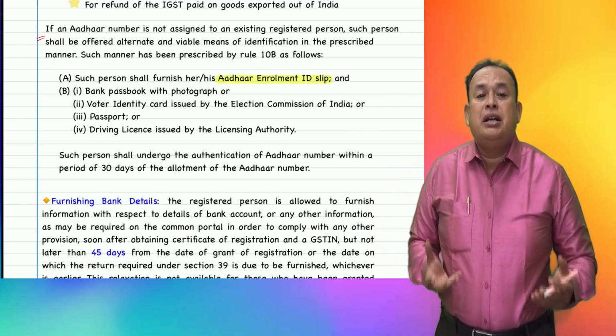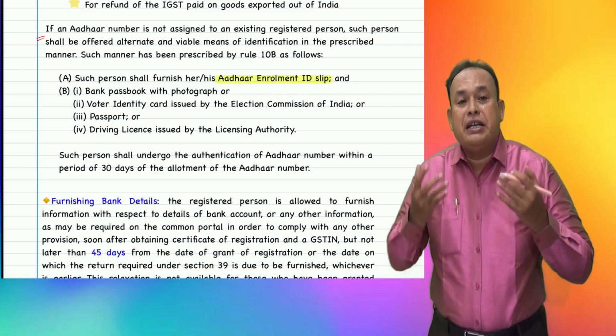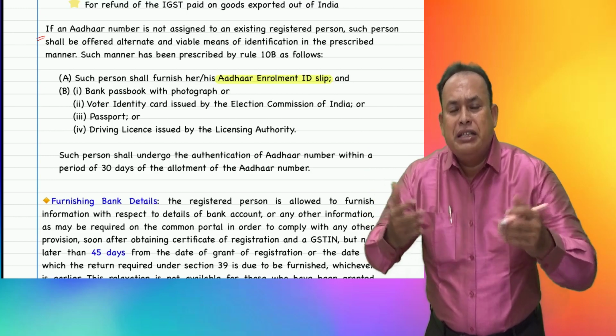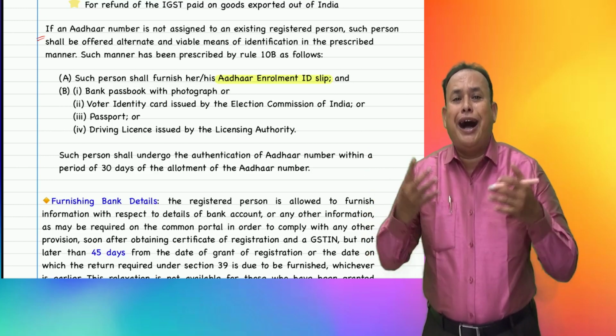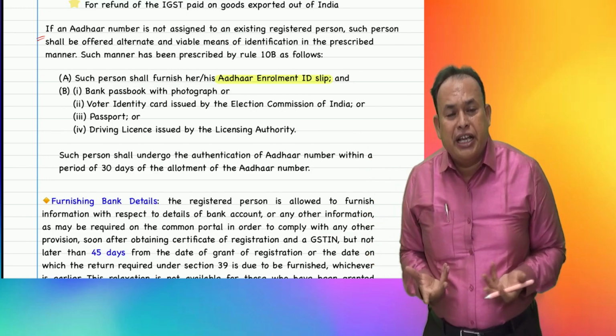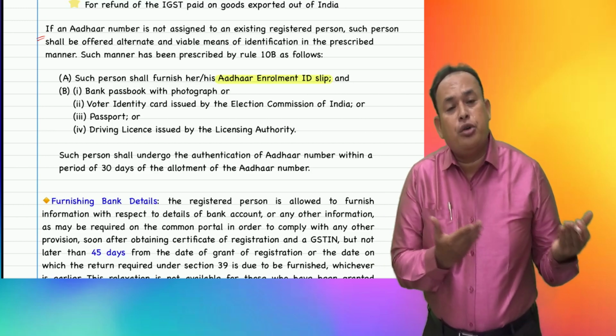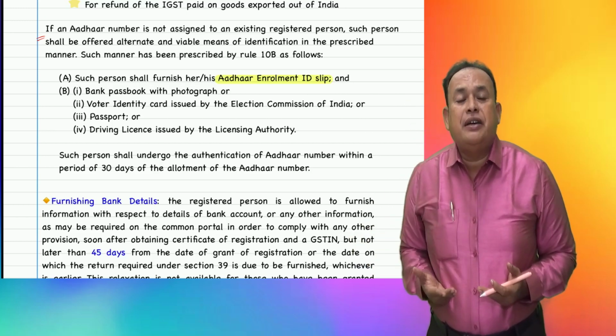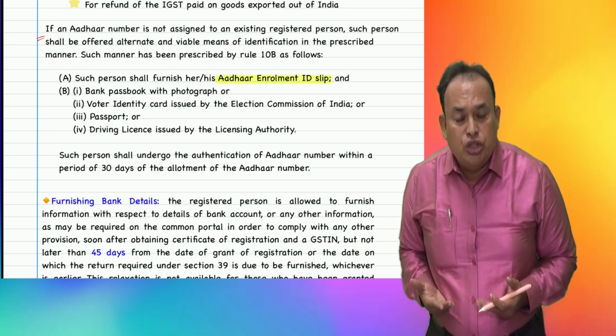For Aadhaar authentication purposes, you are not having an Aadhaar number, but you apply for registration with the help of the PAN number. Aadhaar authentication has not taken place. In such a case, the department issues a show cause notice to you within 30 days from the date of the application in the form GST REG 03.